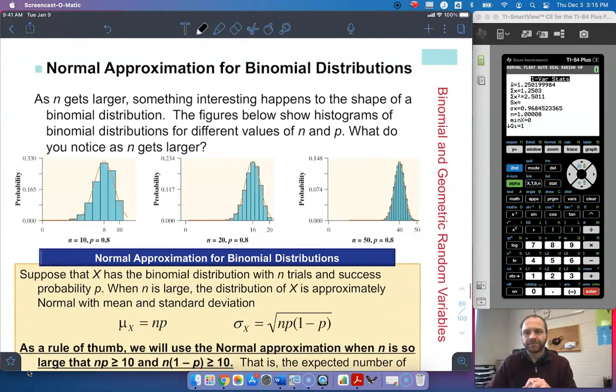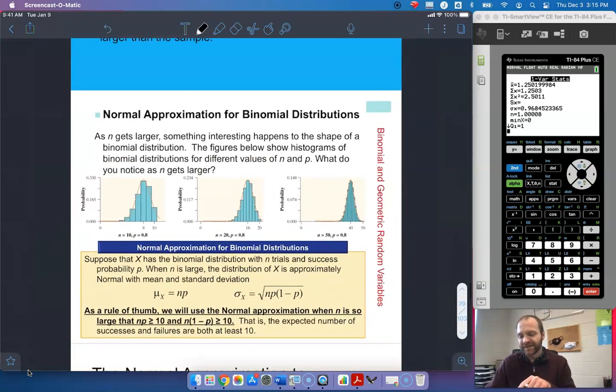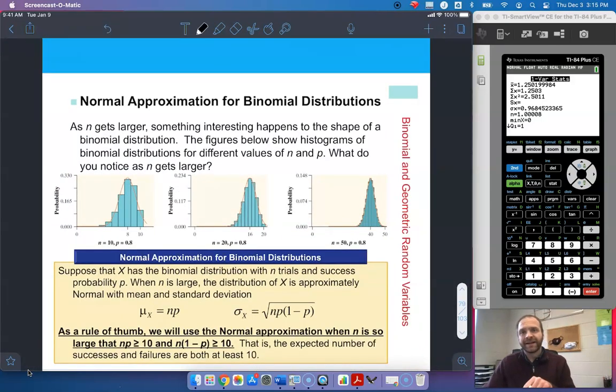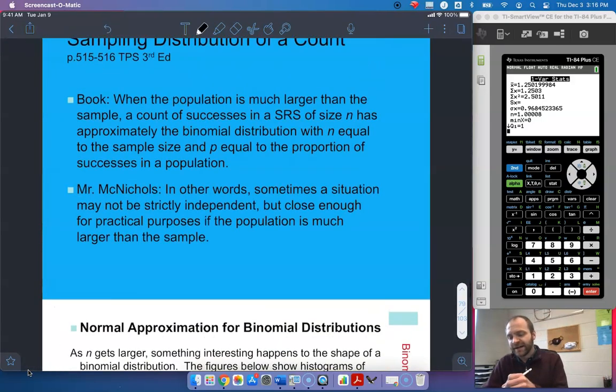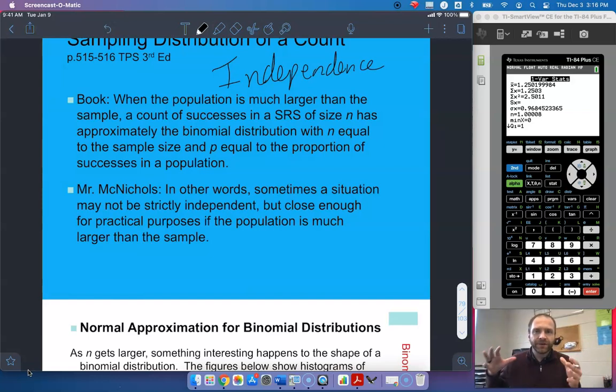So let's try it out. So that tells us, and I want you to realize, this right here is the idea of independence. In order for us to use the binomial distribution, that shortcut, we need independence. And if it's not independent, then we need to make sure that we have a large enough population that it's not influenced by the sample.